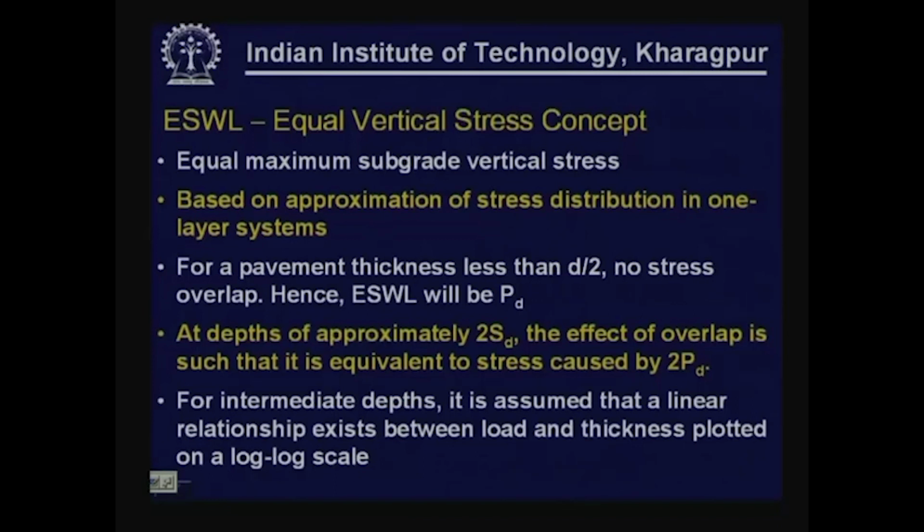At depths of approximately 2 SD or greater, the effect of overlap is such that it is equivalent to the stress caused by 2 PD, twice the magnitude of each one of these wheel loads. But for intermediate depths, a linear interpolation is made between the load and the thickness plotted on a log-log scale. Let us see this in the next slide.